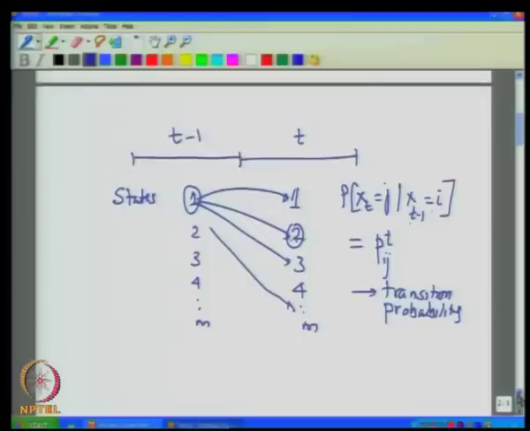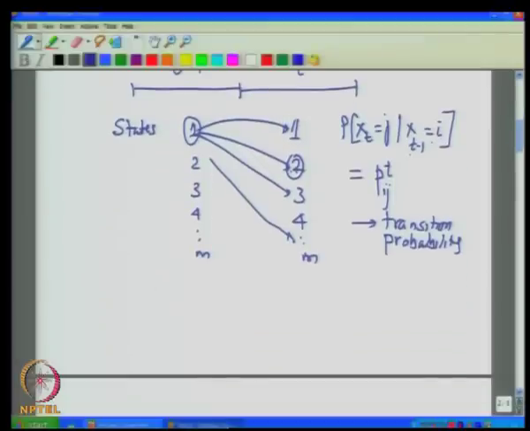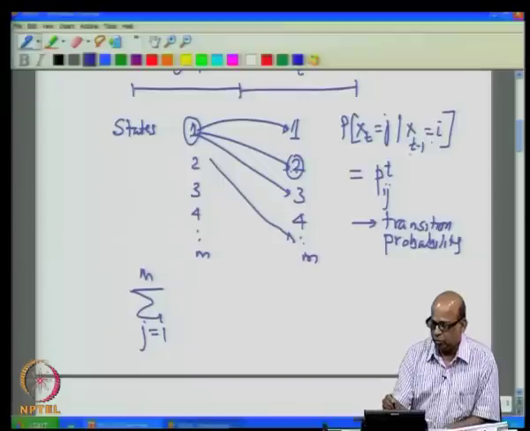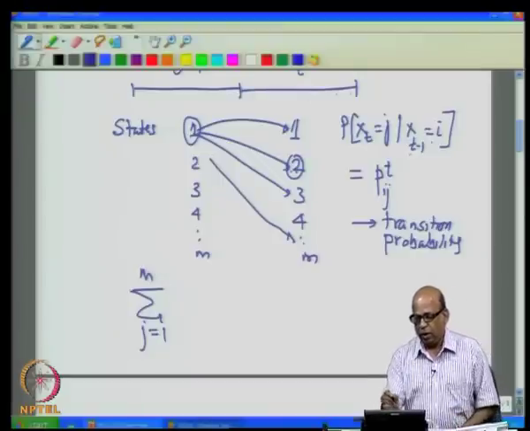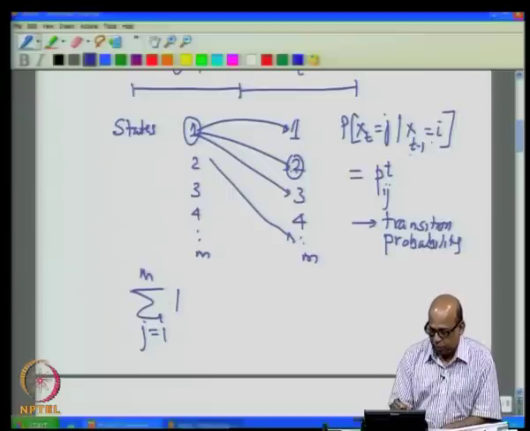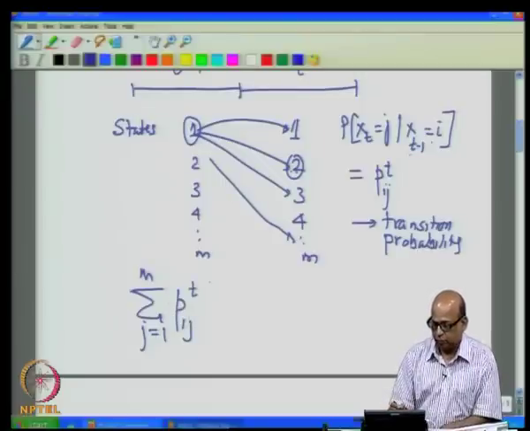So, we write it more formally as the summation over j is equal to 1 to m, where j refers to the time period t and i refers to the time period t minus 1, of p i j t, must be equal to 1.